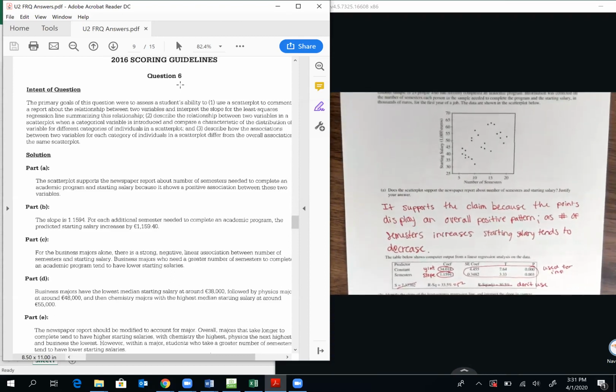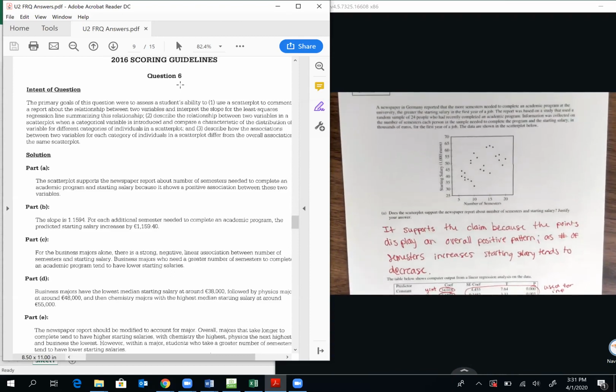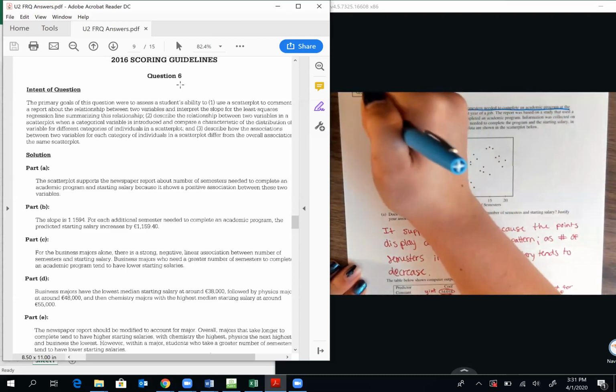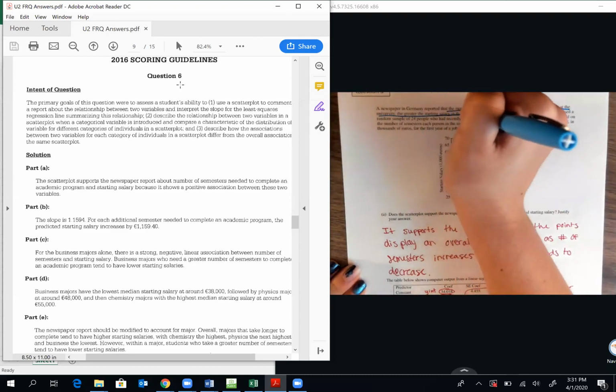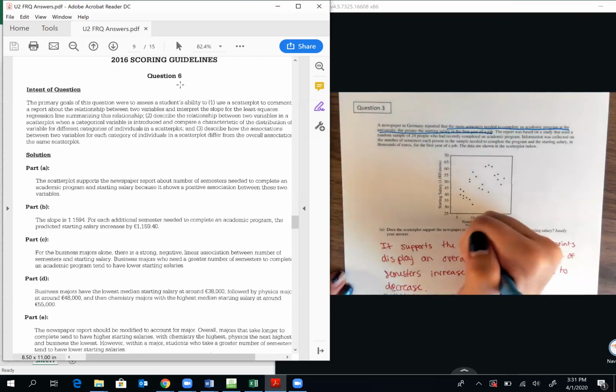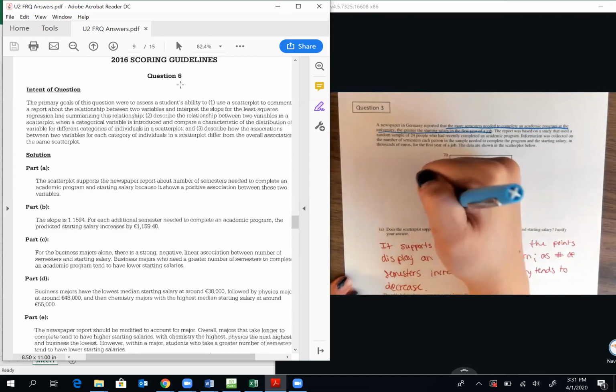So for this one, we're looking at a scatter plot. A newspaper claims that the more semesters needed to complete an academic program at the university, the greater the starting salary in the first year of a job. So here we're looking at number of semesters and starting salary.